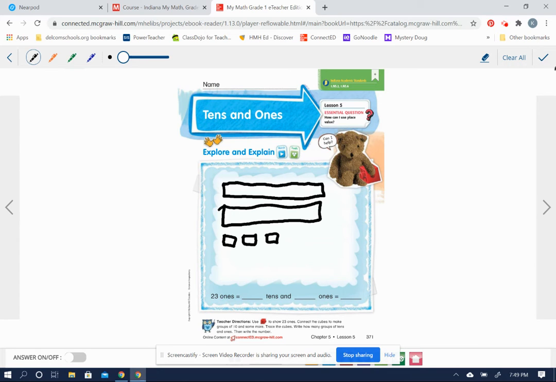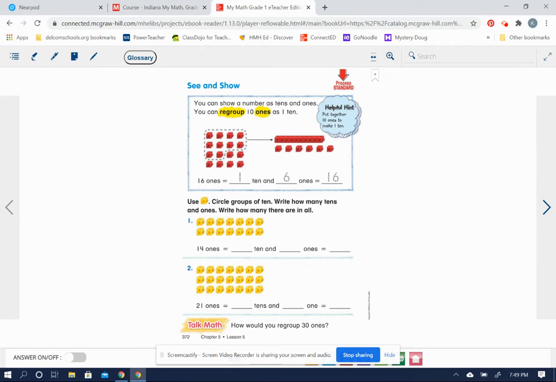So this is another way to show 23. Two 10s and three ones. And the total, if we count these sticks or rods by 10, 10, 20, 21, 22, 23. Okay? All right, let's go ahead and go on to the next page.